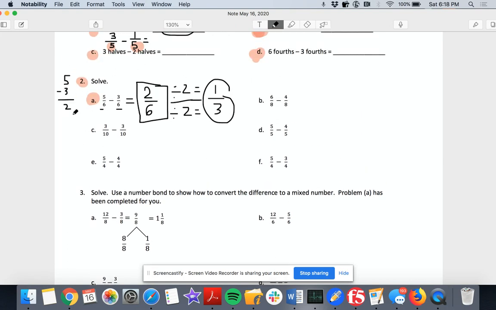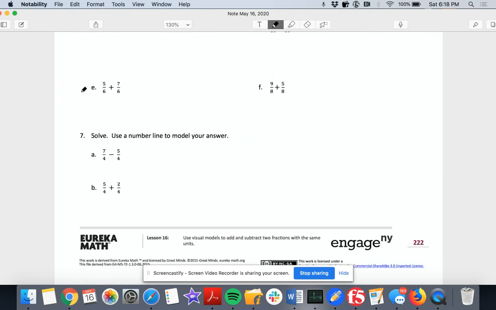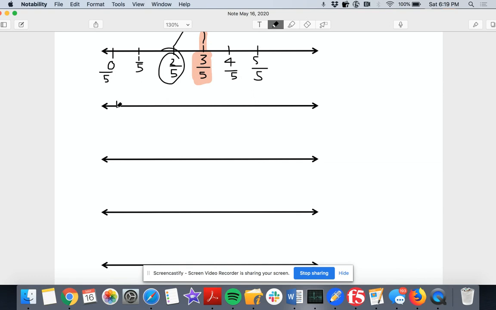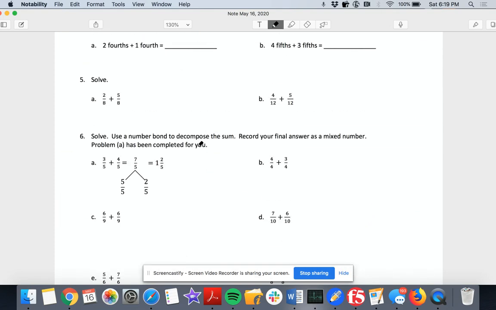Let's also show this really quickly on the number line. If I would do this on the number line, I would start off with 0 over 6, 1 over 6, 2 over 6, 3 over 6, 4 over 6, 5 over 6, and then finally 6 over 6. Double checking my problem again.